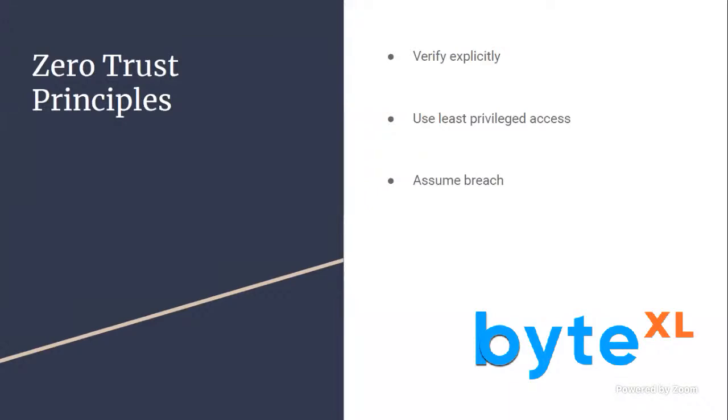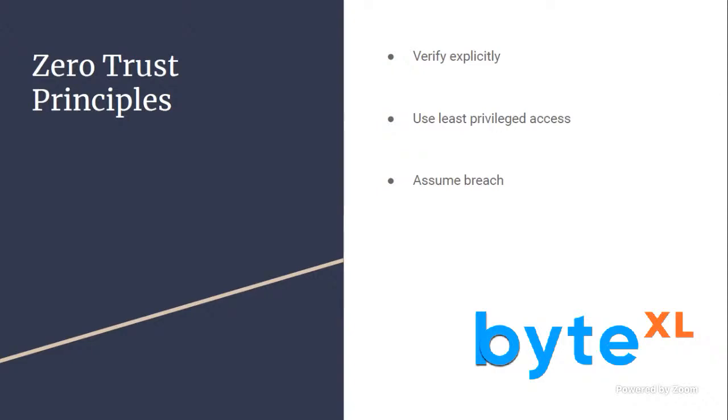The first is verifying explicitly. It will always authenticate and authorize all the available data points, and use least privileged access. So it limits user access, based upon just in time or just enough access, that is JIT and JEA. Risk-based adaptive policies and data protection will be considered.